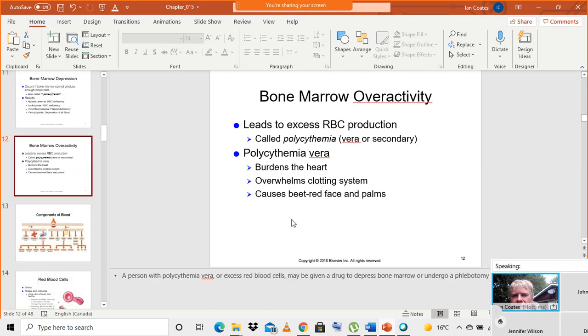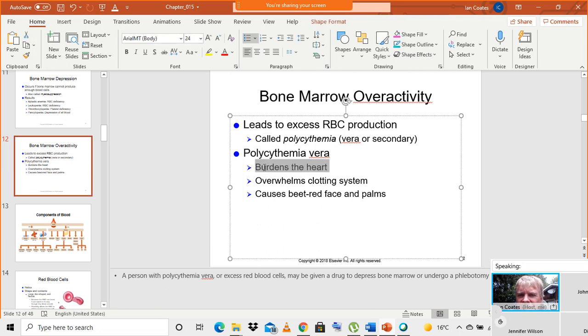Bone marrow overactivity leads to excess RBC production, polycythemia. Too much blood can burden the heart, overwhelm the clotting system, and cause physiological features like a red face or palms.